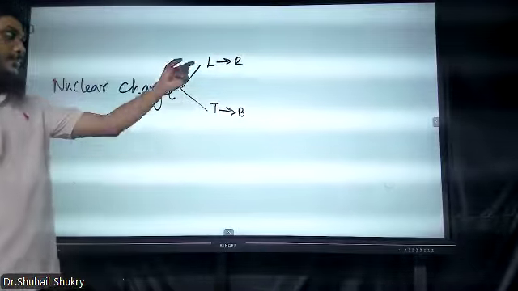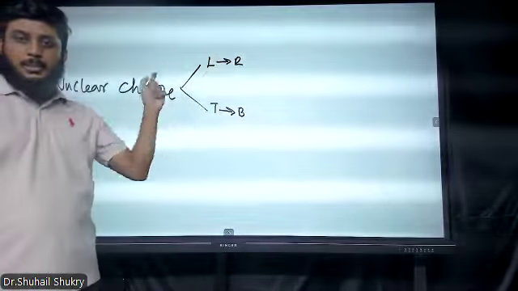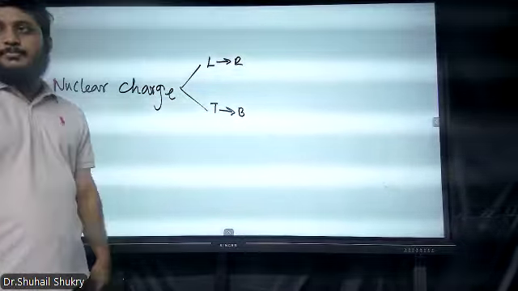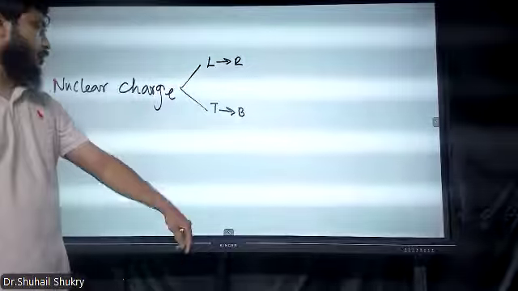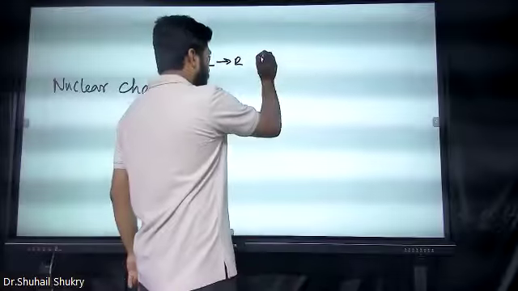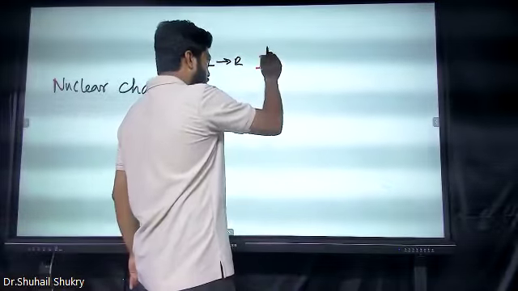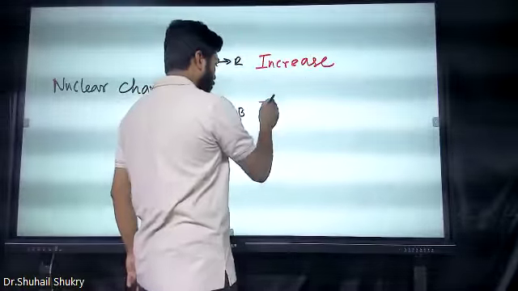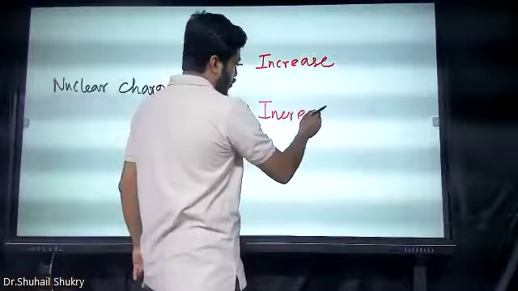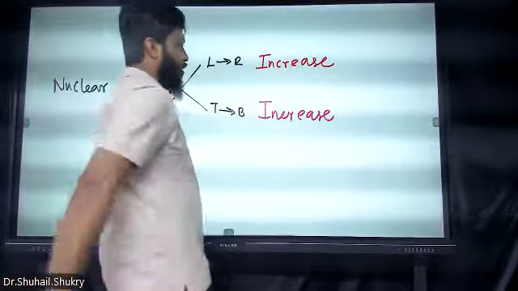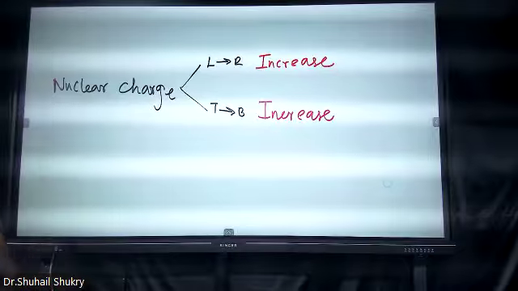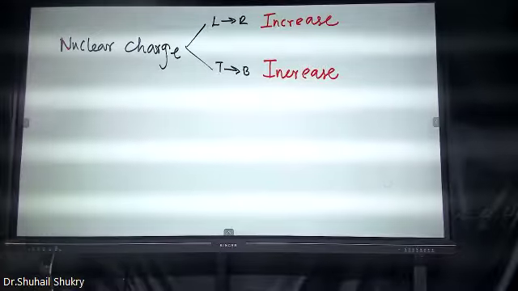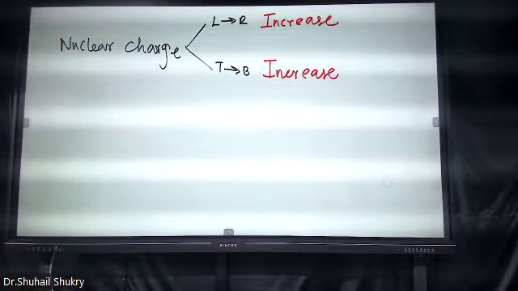Left to right means left to right of the periodic table. When you are going from left to right, what will happen to nuclear charge? Increase. When you come from top to bottom, that also increases, because the number of protons increases, which means the nuclear charge will increase.